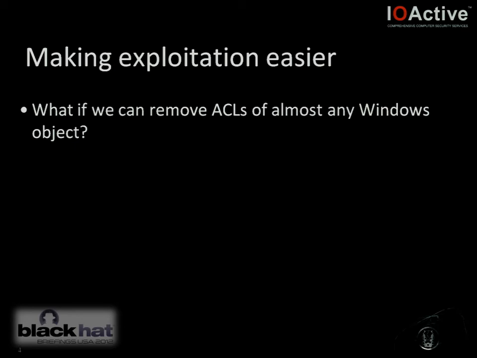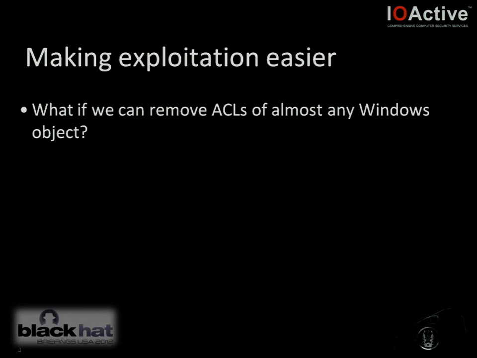So one of the questions I asked myself was, what if I can remove an ACL for a process, for instance, the LSASS process? I could inject code in that process and elevate privileges. Or I could dump the password hashes from there and then crack them offline or do some pass the hash, etc.